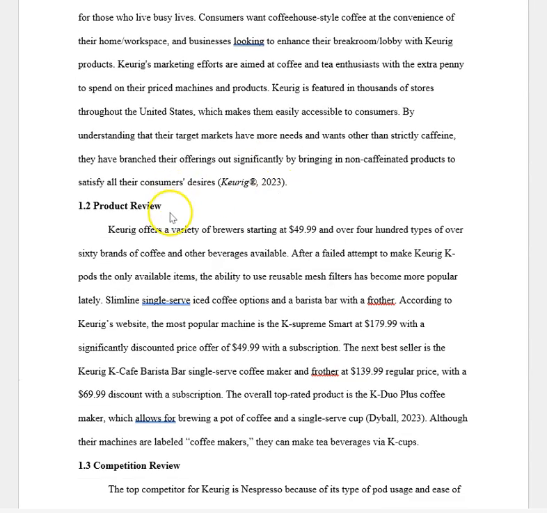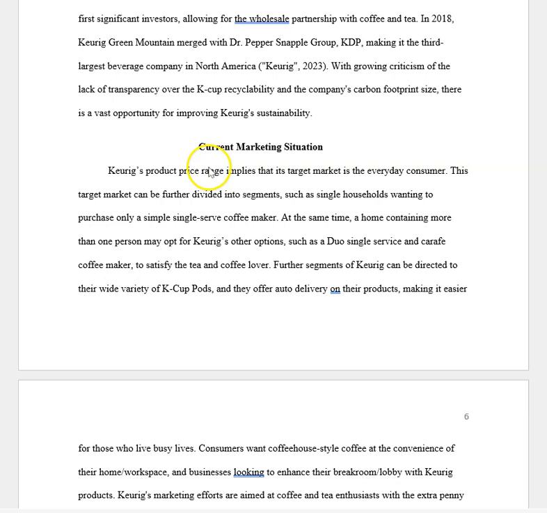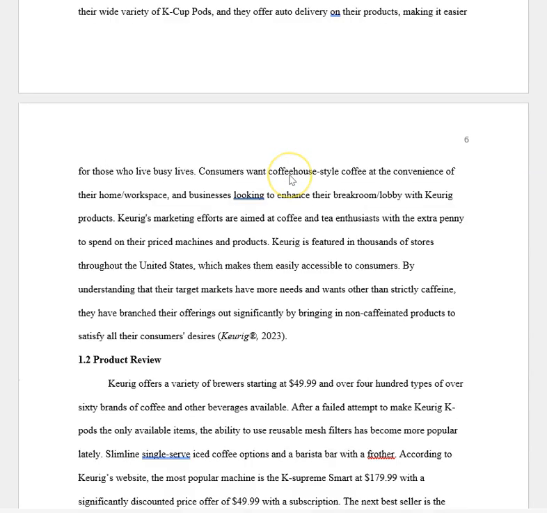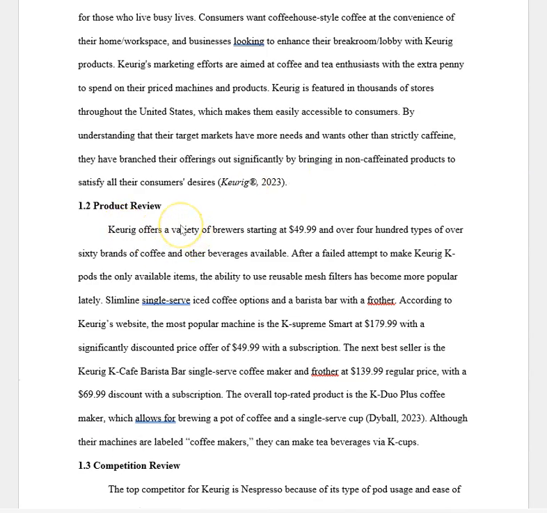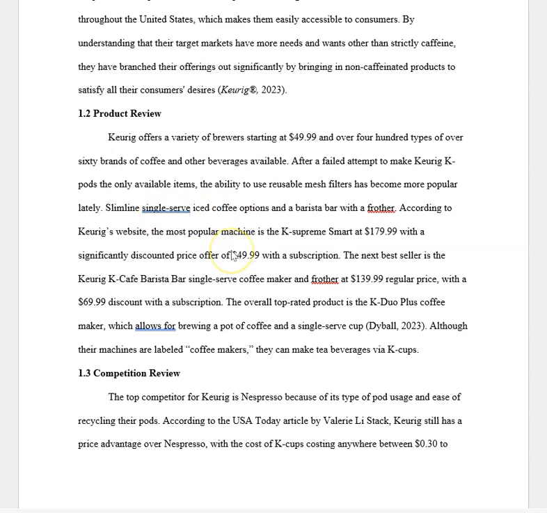Here's a level 2 heading, and it's 1.2 Product Review, and you'll notice it's left justified. Well, that's a level 2 heading, and it's subordinate to this level 1 heading, current market situation. So they're talking about the product, of course. This talking about product review, they're talking about frother, iced coffee.